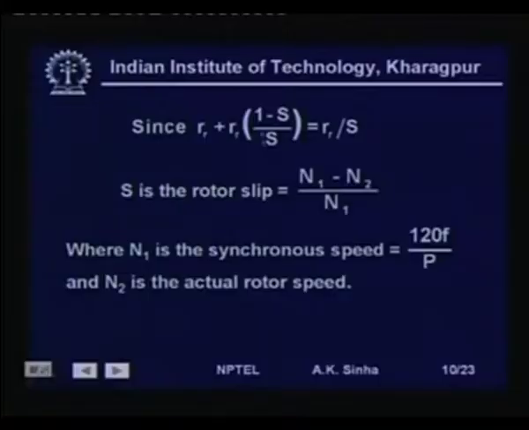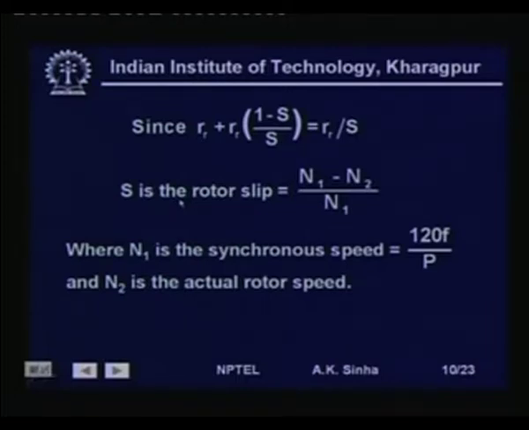The 3-phase winding on the stator produces a field which is rotating in the air gap at synchronous speed, and if the rotor is rotating at a speed N 2, then it is slipping with respect to the rotating magnetic field in the air gap. This is how we define the slip.